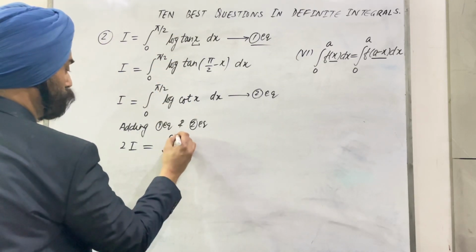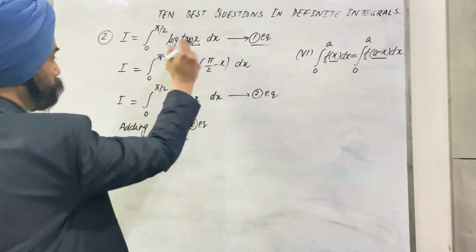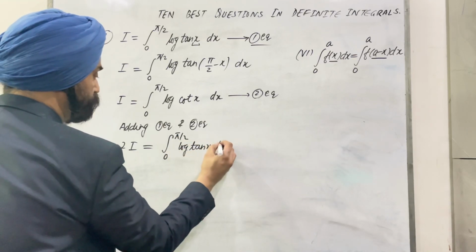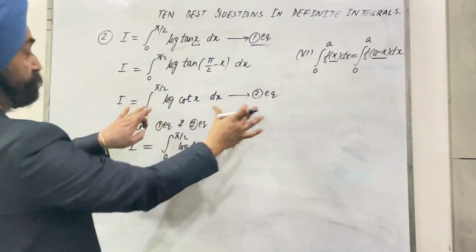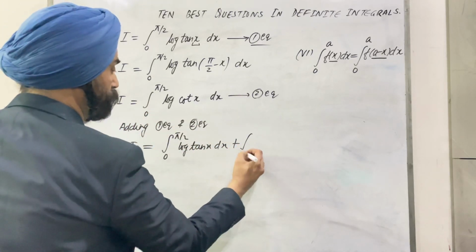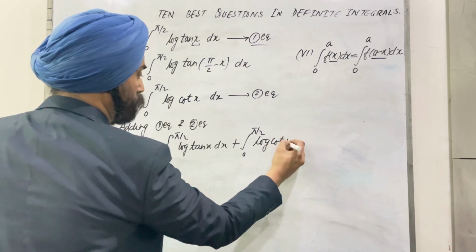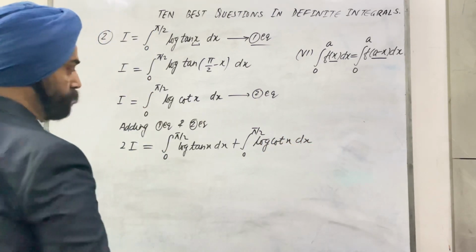We have 0 to pi upon 2 here, log of tan x dx, and plus, in the second equation, the right hand side is the integral from 0 to pi upon 2 of log of cot x dx.